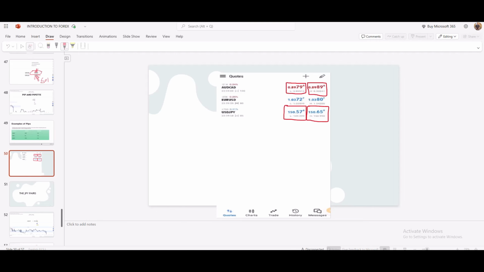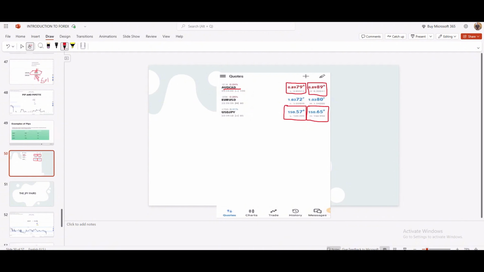You find out that after the decimal point, the first 4 numbers were written more boldly. In your MT5 or MT4, you still find out the same thing. This first 4, look at the numbers. This AUD card, 0.8974. The first 4 numbers after the decimal places were written boldly.